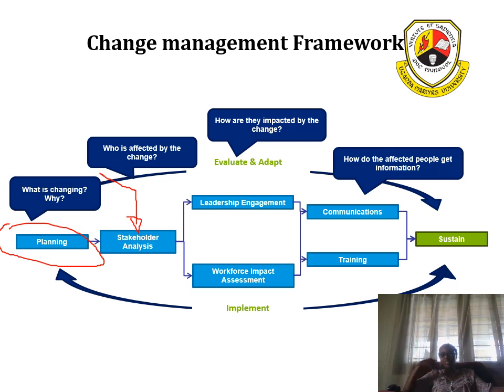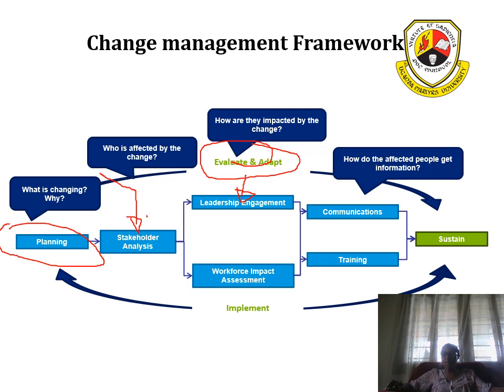What is going to change? How is it going to be changed? How is it going to affect you? Where, and things, and so on and so forth. When we analyze our stakeholders, then we ask what will be the impact. We evaluate what will be the impact, and here we determine the leadership engagement.